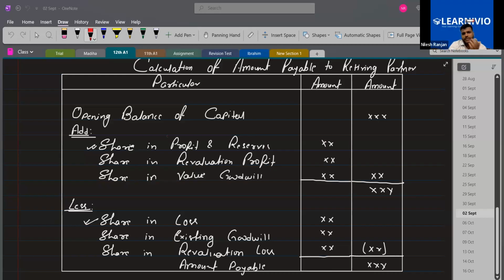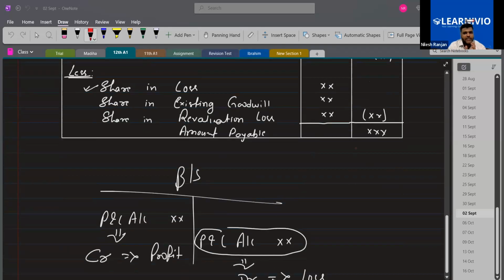Okay. So this is the same thing. Calculation of amount payable to executor of deceased partner. You have to write the heading different. All other things will be same. Okay. After that, this is the statement form.